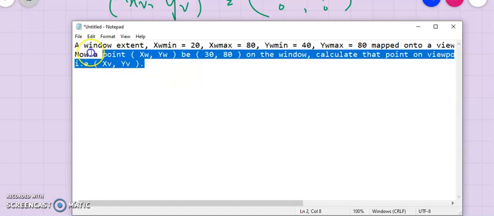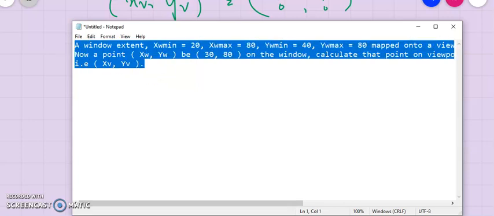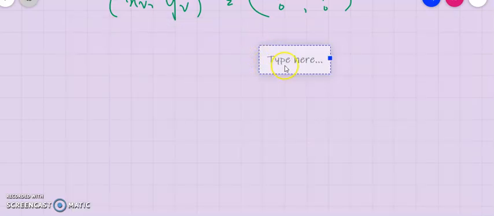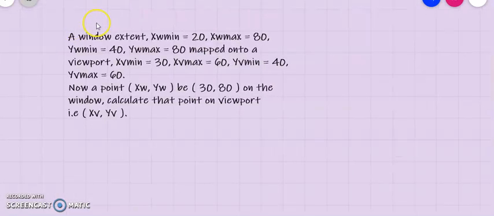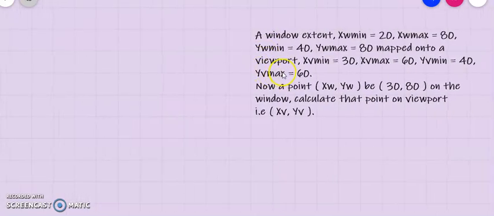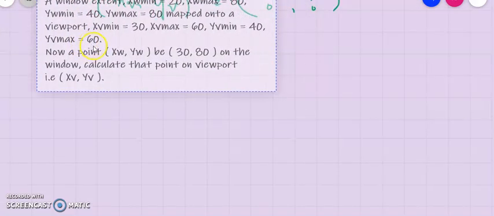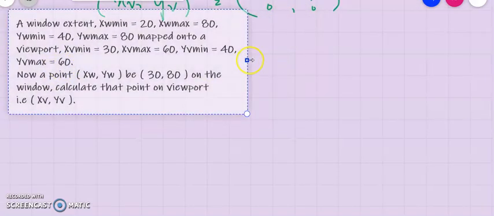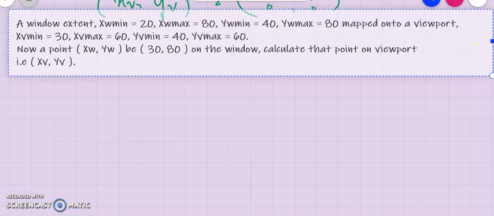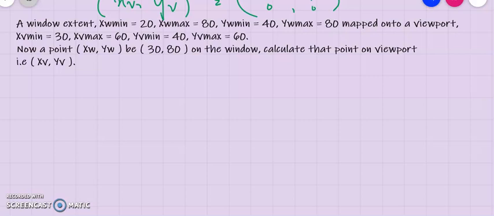So the numerical that is being given to you is here. When I want to solve this numerical, let's read it out. The values given to us: a window with extent mapped onto a viewport with extent.